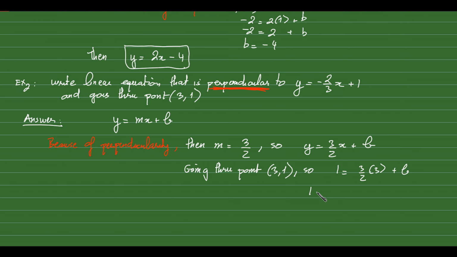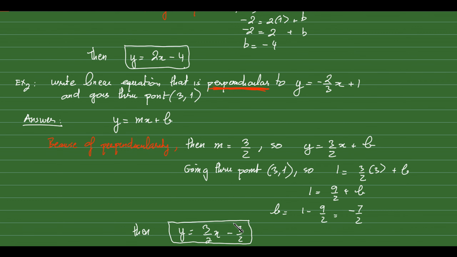So that gives you 1 equal to 9 over 2 plus b. So b will be 1 minus 9 over 2, with LCD 2, negative 7 over 2. Alright, so after you got the slope and the b, the final answer will be y equal to 3 over 2 x minus 7 over 2. Here you go. And that's it.